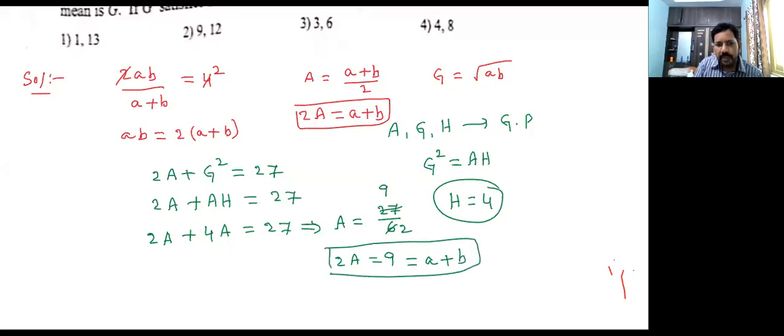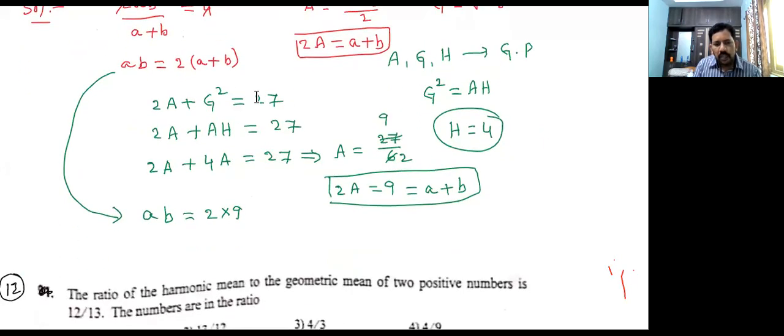Now we need ab. By using this, AB is equal to 2 into A plus B. What is A plus B value? 9. So finally we got product of two numbers is 18 and sum of the two numbers is 9.